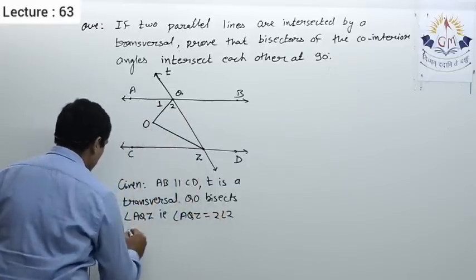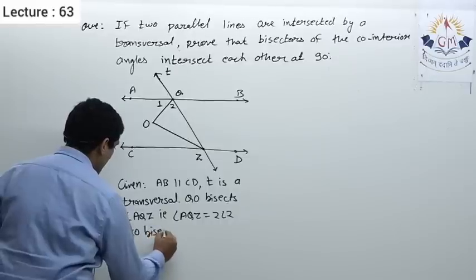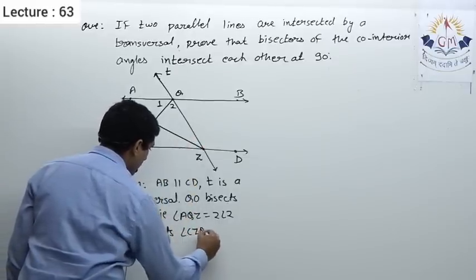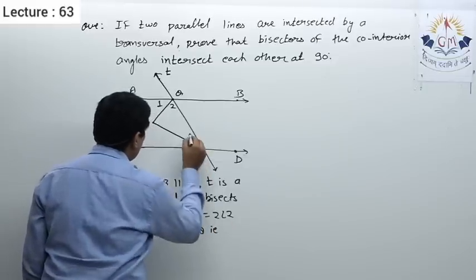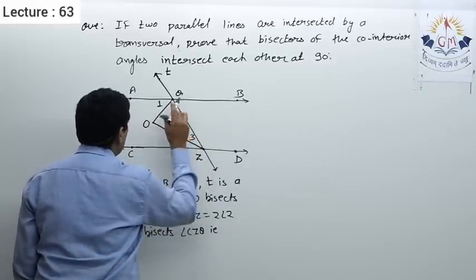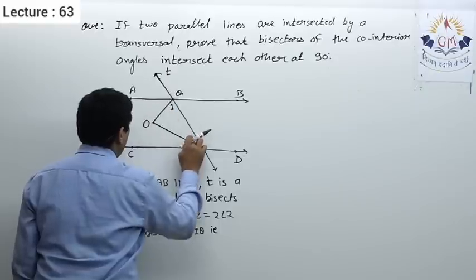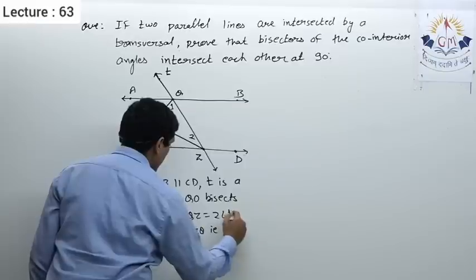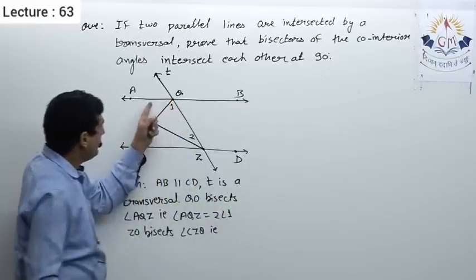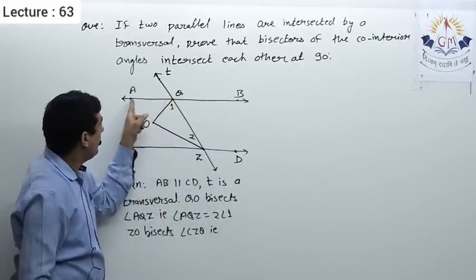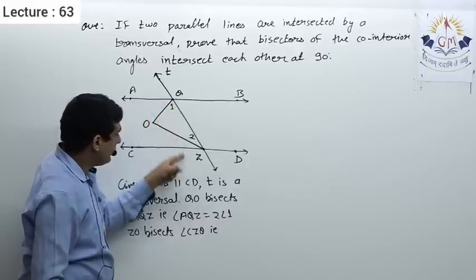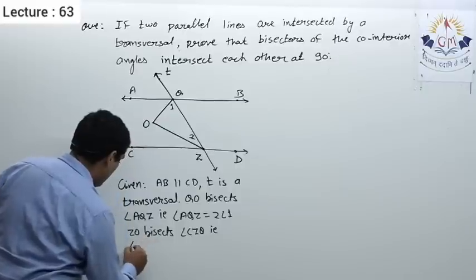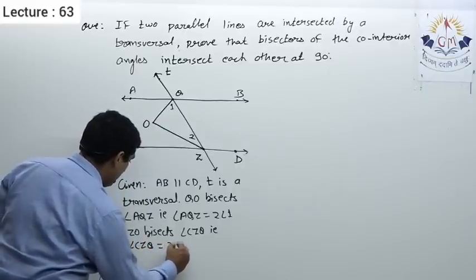Now similarly ZO bisects angle CZQ, so angle CZQ is equal to twice of angle 2. Actually 1 and 2 are equal, but I do not need that, so directly I am writing twice of.